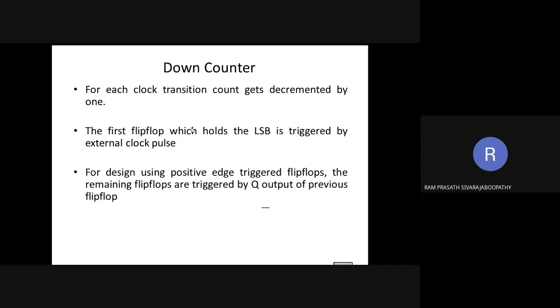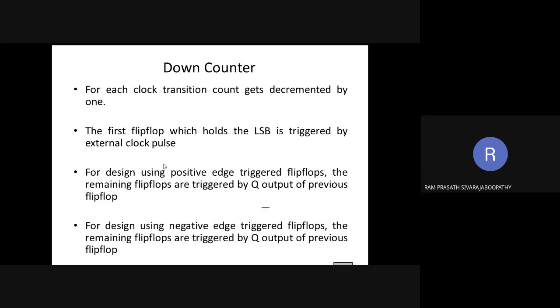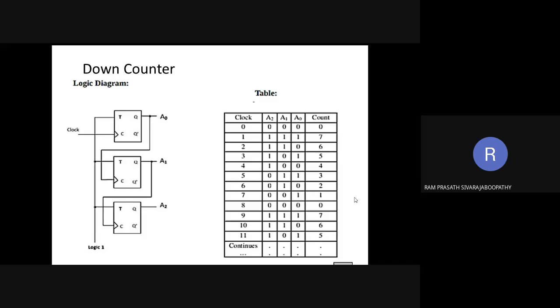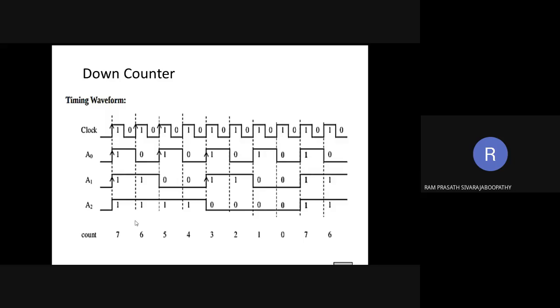Okay, for the down counter, what did we do? For positive edge trigger, the normal output must be given as it is. Clear? In the case of negative edge trigger, the complemented output Q bar is used. Okay? So the circuit looks like this. Here you can see we have used positive edge trigger. For a down counter, the normal output is the clock feedback. That's all. With this, the asynchronous counters are over. So this is the down counter waveform.